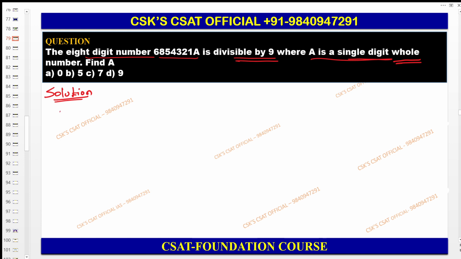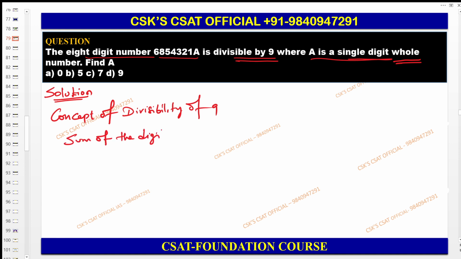So now let me revise the concept called divisibility. Divisibility by 9 is nothing but the sum of the digits being 0 or a multiple of 9.